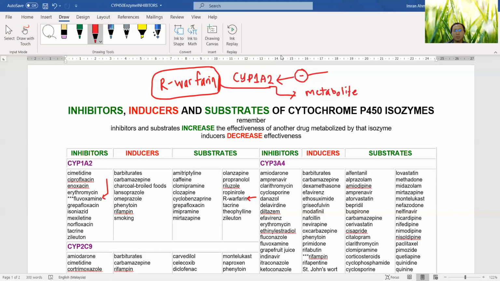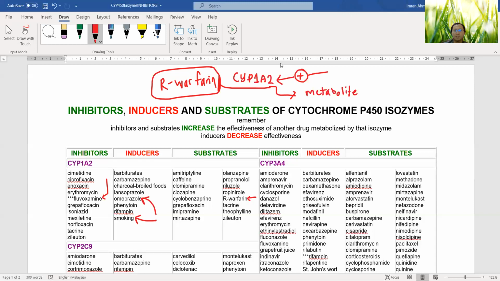Whereas if you give an inducer, for example, omeprazole, which is given for peptic ulcer and those kinds of diseases, a proton pump inhibitor, or if you are a smoker, that's going to induce the reaction. Therefore the drug concentration will go down faster.